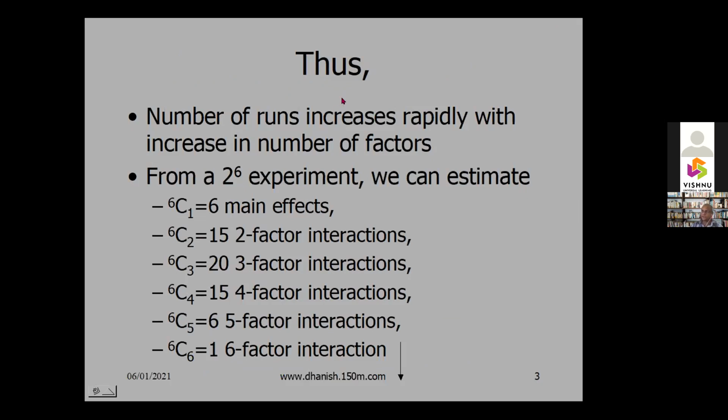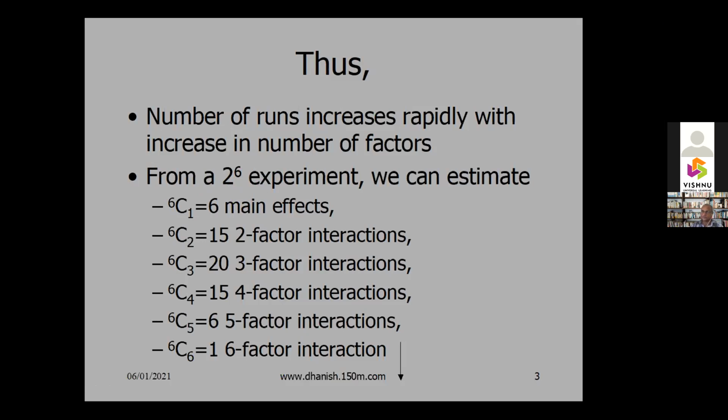From a full factorial experiment, we can calculate, for example, for a 2 raised to 6 experiment, that is 6 factors, each at 2 levels. Level means, if the factor is temperature, temperature can be at 2 levels, means temperature can be 100 and 200 degrees Celsius. We are choosing only 2 levels from each factor.